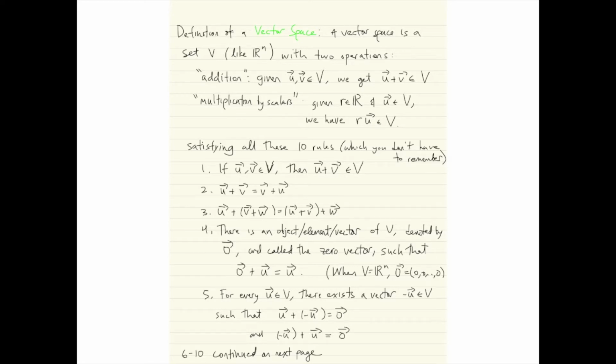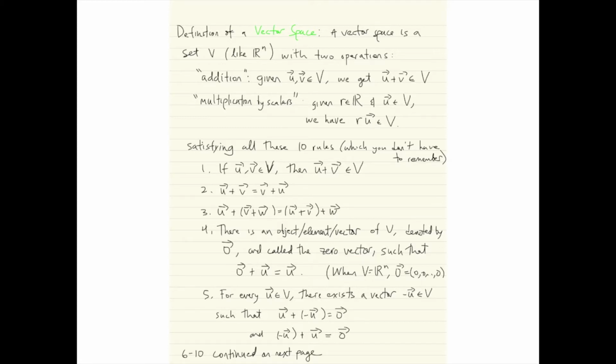The fourth requirement is that there is an element, or an object, or a vector of V. These 3 words are used interchangeably when talking about elements of a vector space. And that vector is denoted by a 0 with an arrow above it, and is called the 0 vector.